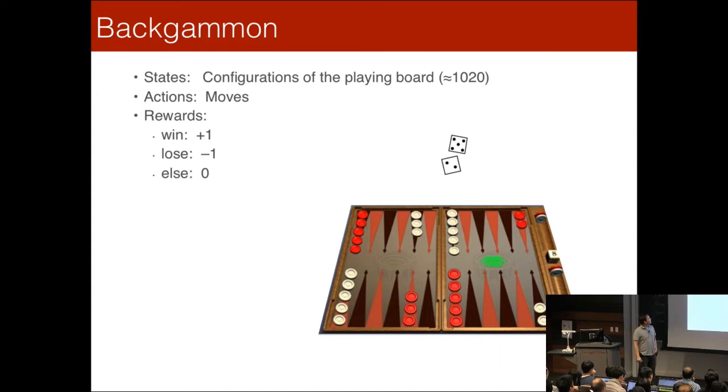And the reward could be as simple as, did you win the game? The reward is +1. Did you lose the game? The reward is -1. Otherwise, the reward is 0. There's no reward signal. So you can imagine this is a very sparse reward signal, right? You're playing the whole game, and only at the very end, the system is telling you whether that was a good sequence of actions or a bad sequence of actions, right?